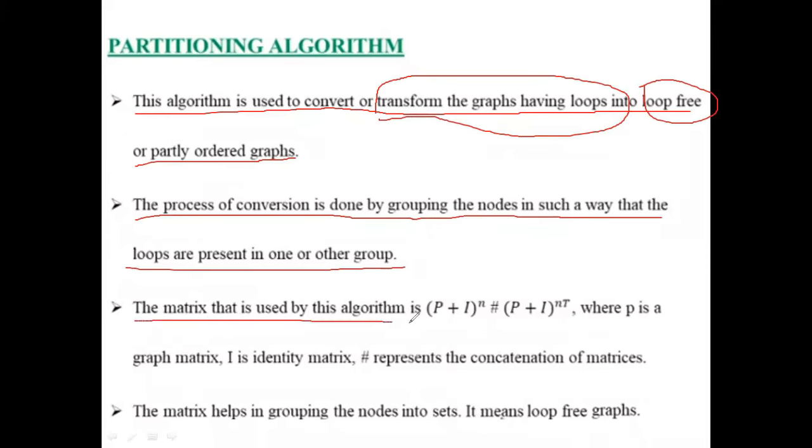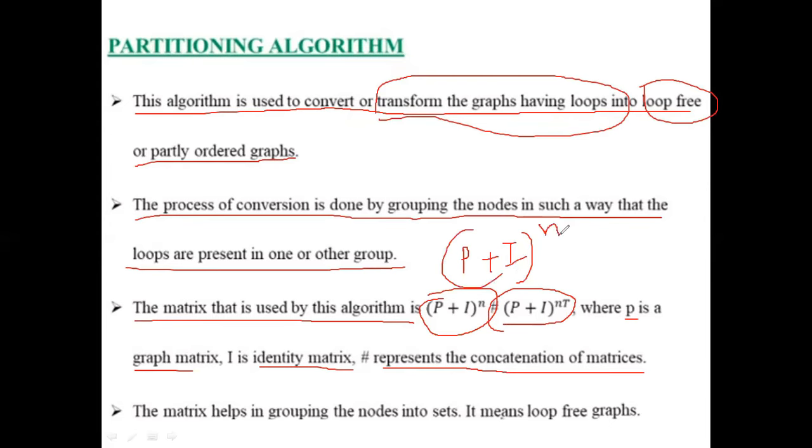The matrix used by this algorithm is (P plus I) whole power n, hash (P plus I) whole power n transpose. Here P is the graph matrix, I is the identity matrix, and hash represents the concatenation of matrices.